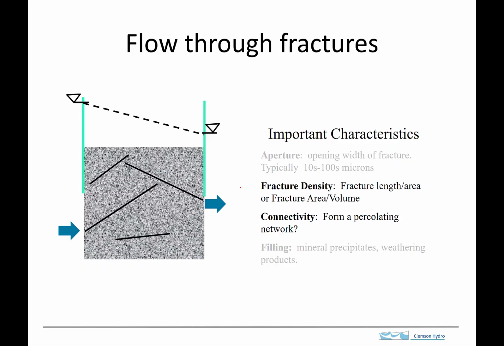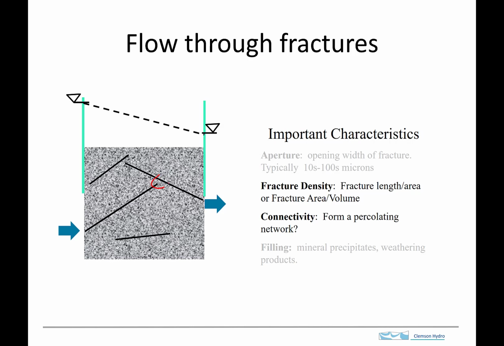So we can then visualize, I think, that there's an important connection between fracture density and the connectivity. We might expect there's a certain fracture density here, the fracture length per unit volume or per unit area, and we can see that the connectivity is actually fairly poor.